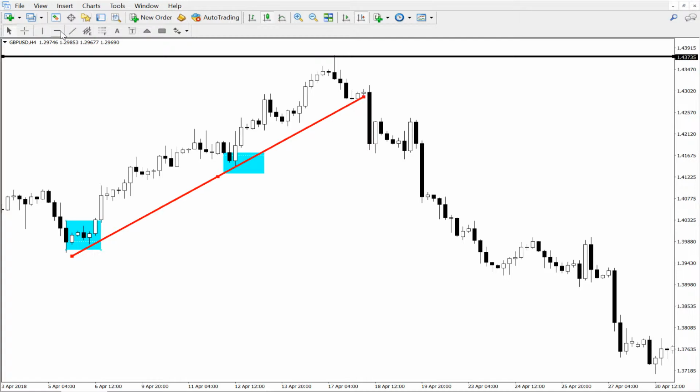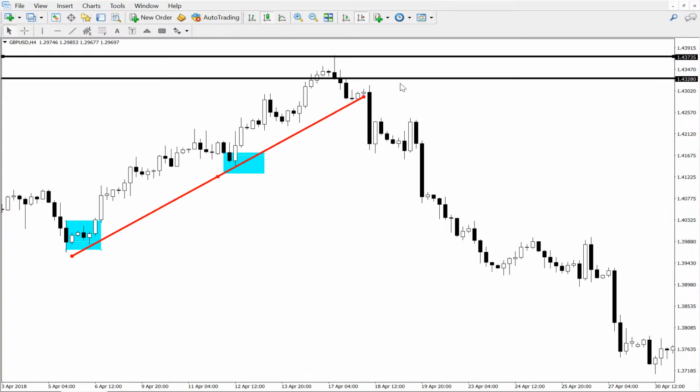This is the high price, this is the low price, and this is the closing price of the candle. So now we can anticipate that price may fall, but we are not yet sure. So we will mark this zone and we will write.